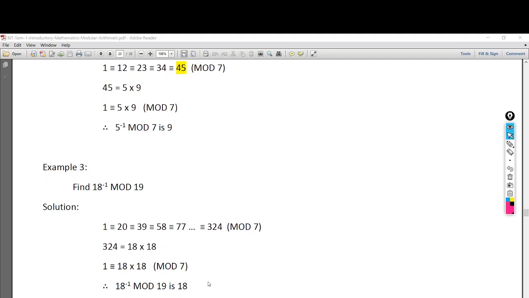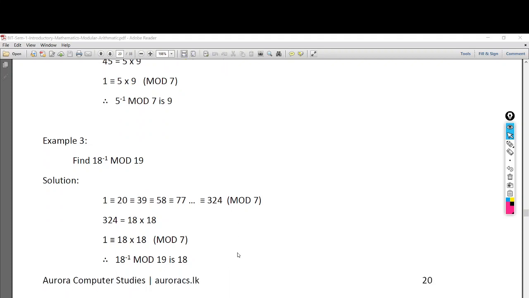I think I made a small mistake earlier, so it's 18 into 18. Therefore in mod 19 the inverse of 18 is again 18. So that is also a very nice approach.